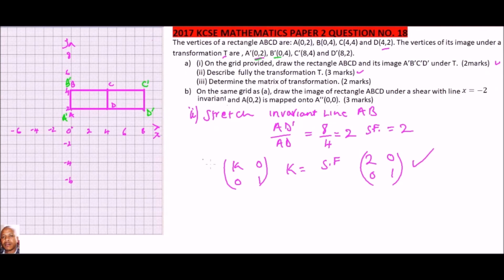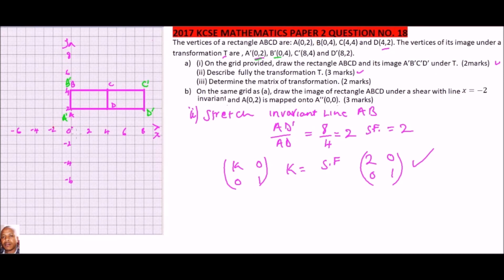So part 3 of the question: on the same grid as A, draw the image of rectangle ABCD under a shear with line x equals -2 invariant, and A (0, 2) is mapped onto A prime (0, 0). So this is our invariant line, x = -2.